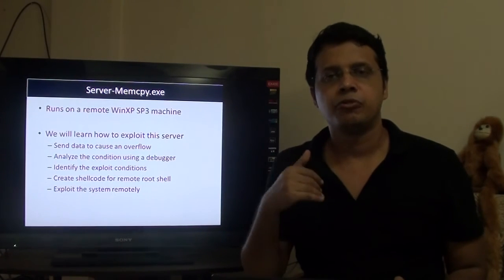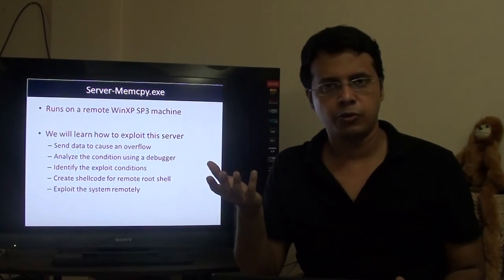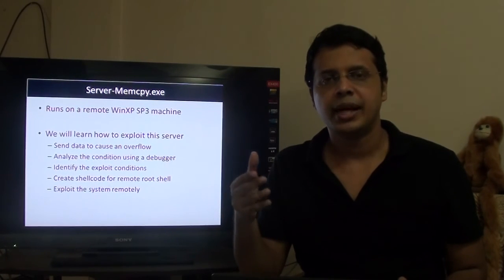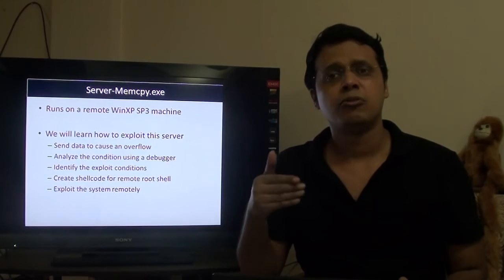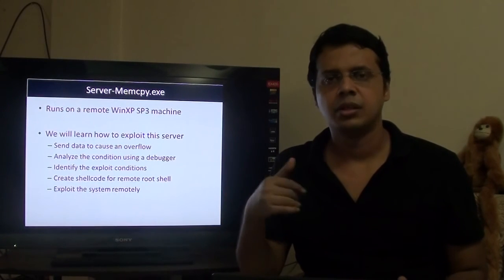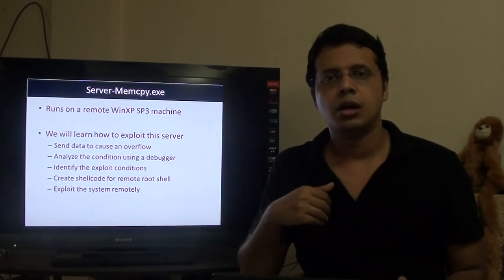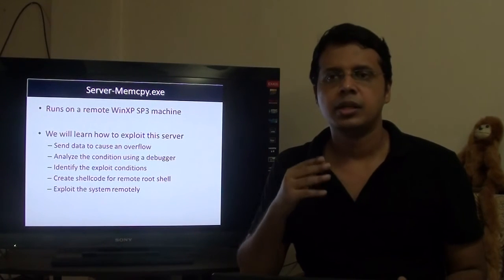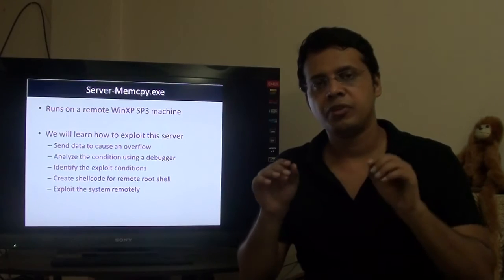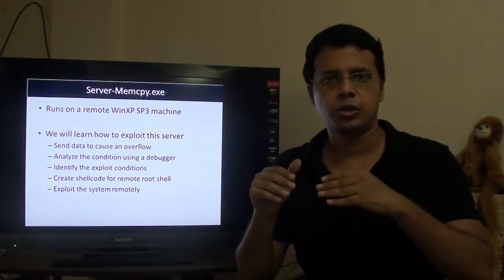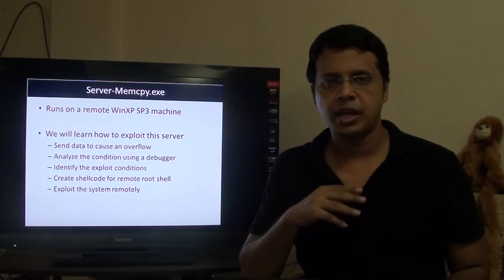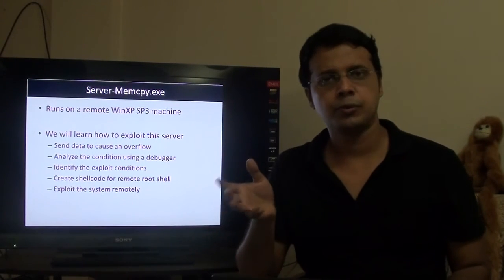We will figure out that it is vulnerable to a buffer overflow, and then we will look at different stages of how to exploit the overflow by finding things like the return address, the location of the stack, how to create your own shellcode using the Metasploit framework, then how to weave in the return address, your shellcode, and where the stack is all together so that you can eventually exploit this scenario.